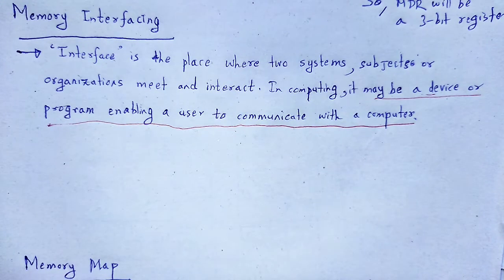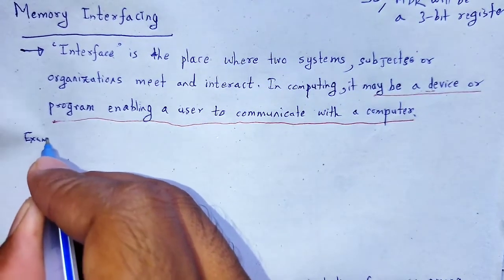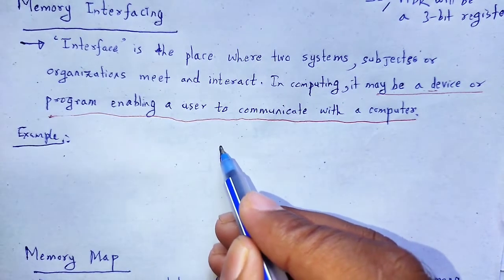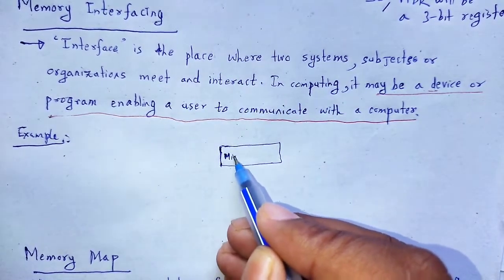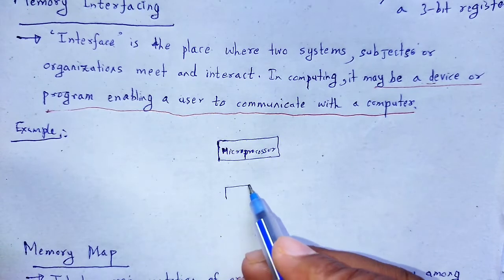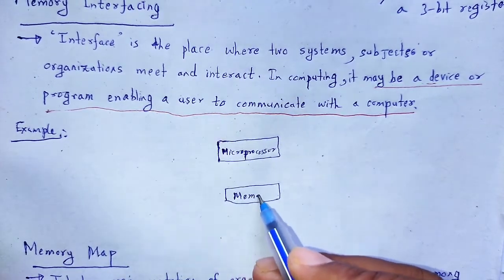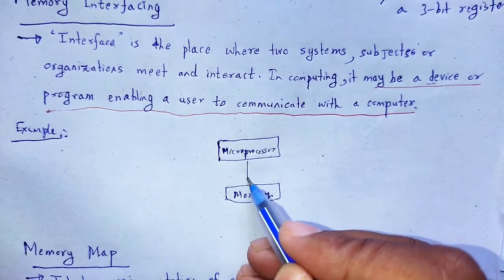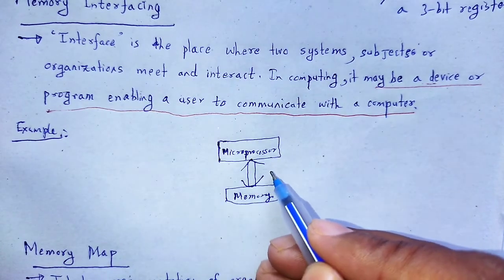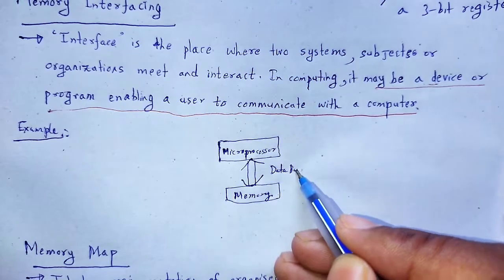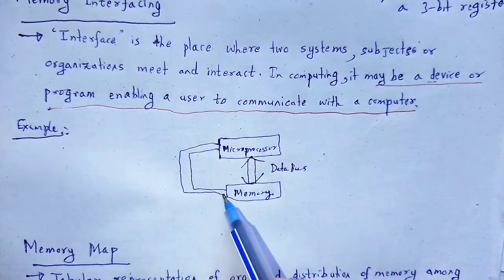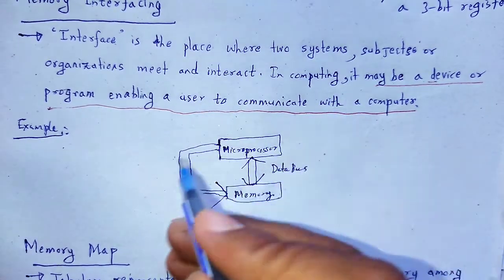Let us take an example of memory interfacing with a microprocessor. The microprocessor and memory are interfaced by using the data bus, and these two interact by taking the address bus.